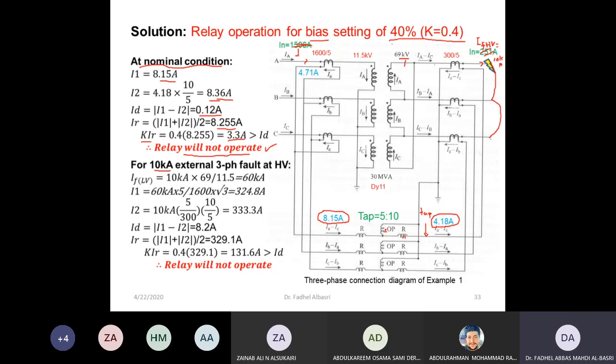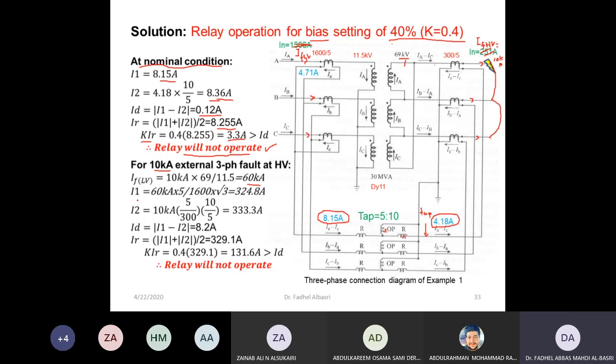I need to know what is I fault at the LV side. So I fault at LV is I fault at HV times the ratio, right? You have to transfer it to the other secondary side. So I fault at HV times 69 over 11.5. It gives me the fault current at the other side, which is 60 kiloampere. So this is also 10 kiloampere. This is 10 kiloampere.